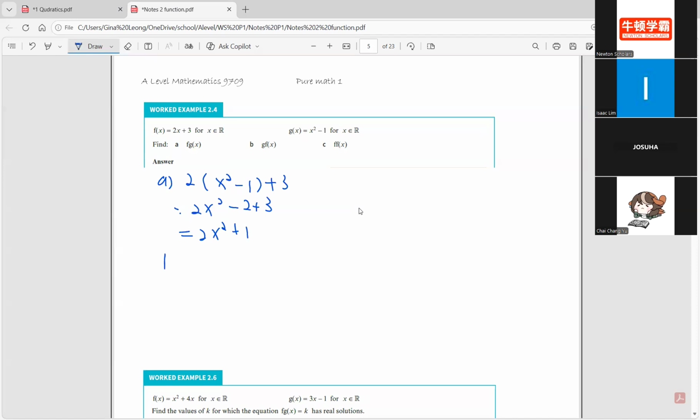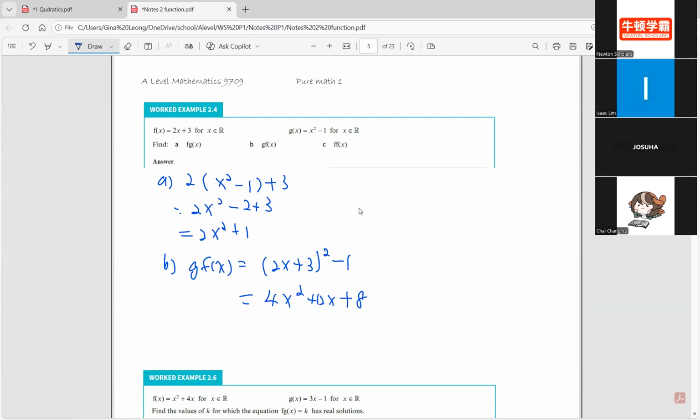So for the B, gf, that means you put the f into your g. So very long one. Then the whole thing squared, minus 1. You simplify it, you will get 4x squared plus 12x plus 8, because 3 squared is 9, 9 minus 1 is 8.